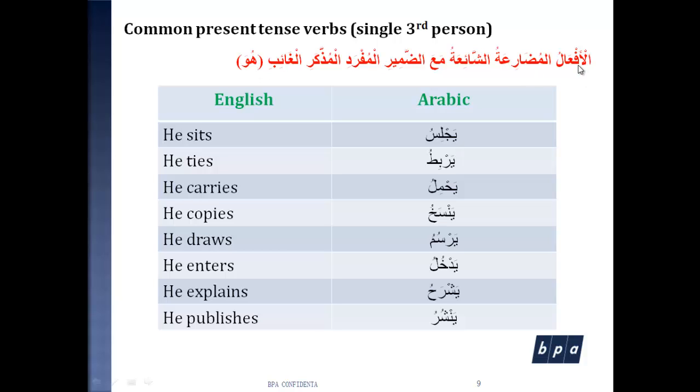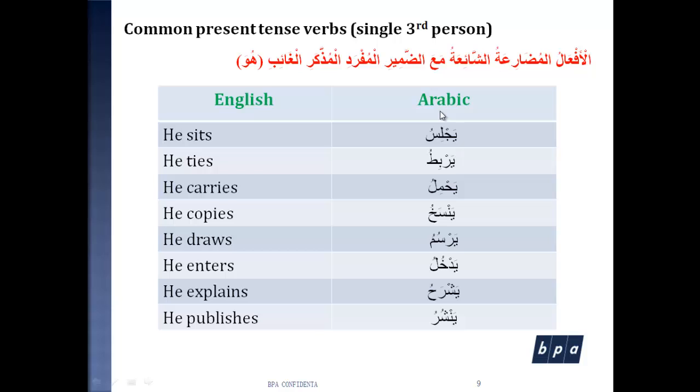This is a kind of long phrase in Arabic, but I'll explain the vocabulary again. الأفعال, the verbs. المضارعة, the present. الشائعة, the common. مع, with. الضمير, the pronoun. المفرد, which is single. المذكر, which is male. الغائب, the absent one, هو, which is he.